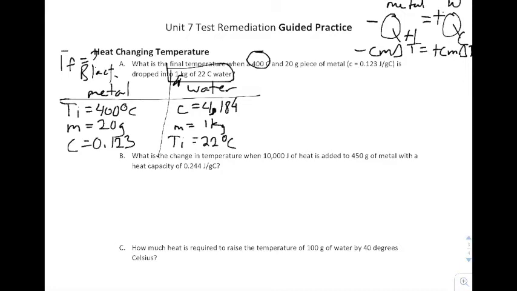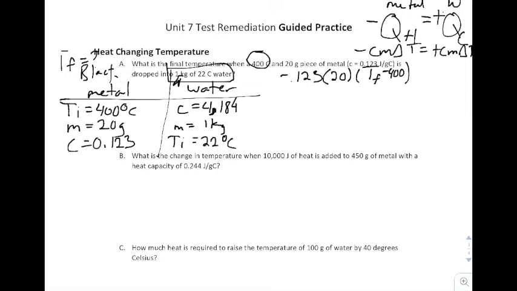So I would say minus 0.123 times 20 times the final temperature, which I don't know, minus 400.